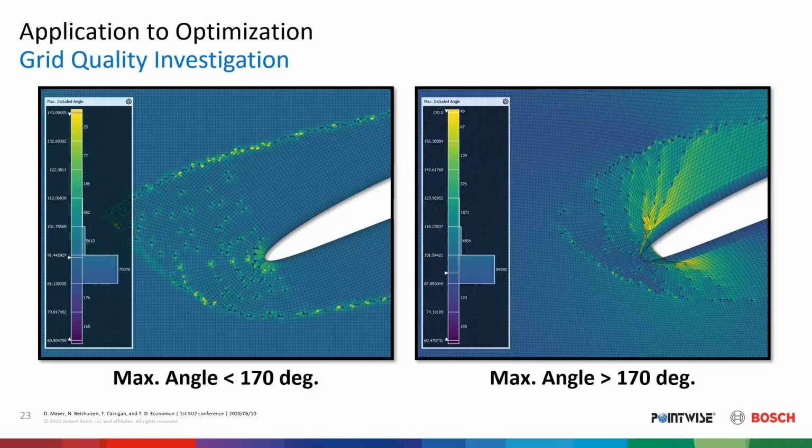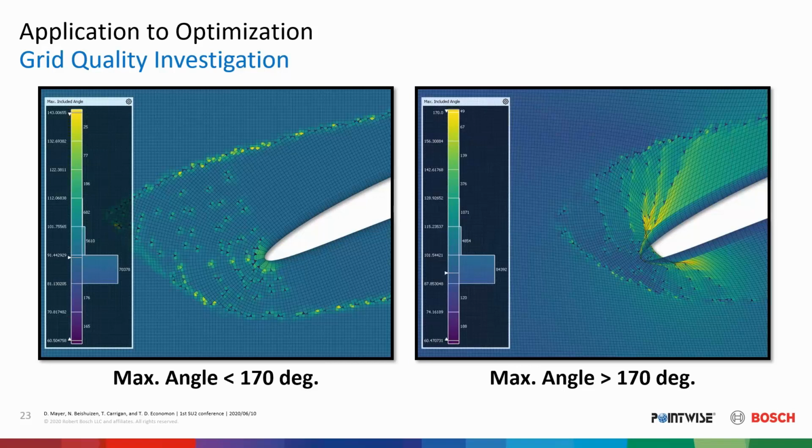The problem with that is it's a little too late in the process, and you could throw that particular case out and keep going, but if that was the design that provided the optimal result, then you just threw that away. And so by doing this upstream in the process, we can capture these, and yes, there may be more false positives, but the idea is that we're doing this before a simulation is actually run, saving quite a bit of time in the process.